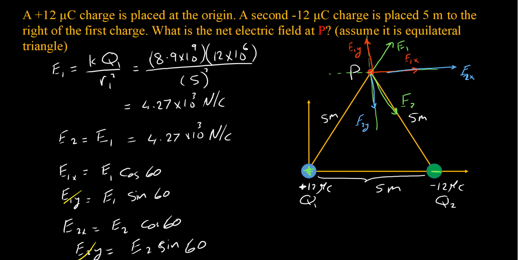That leaves us with the electric field 1x component and the electric field 2x component, which means the net electric field is going to be only on the x-axis.